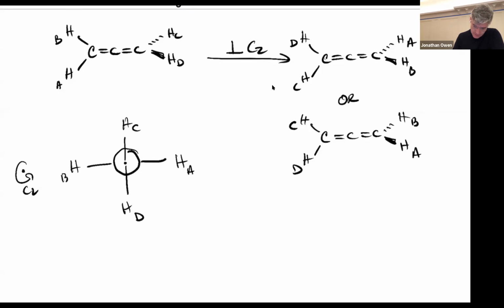We got a C2 axis exchanging D and C and A and B. But then we can put some C2 axes in here. And so if we rotate about this one, let's say, going through that central carbon, it's going to send this HD over to that guy, or this B to that C. Really helps to have a model of this molecule.